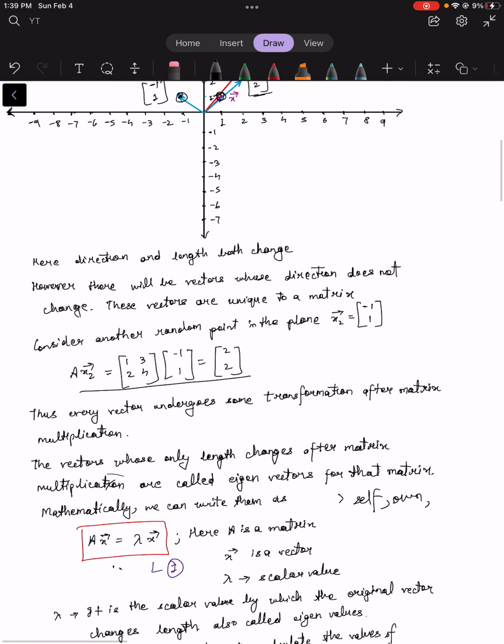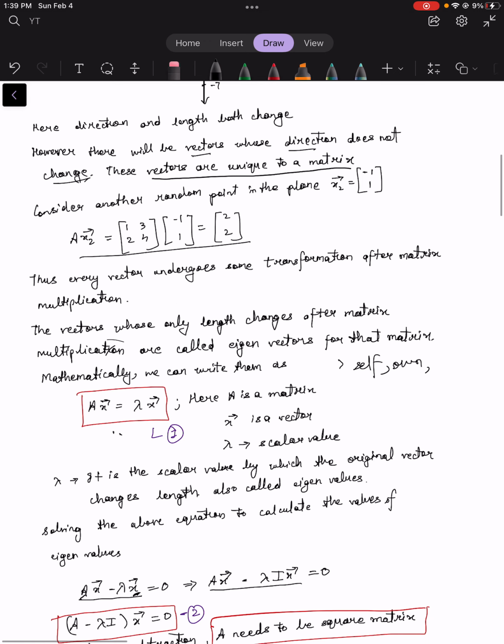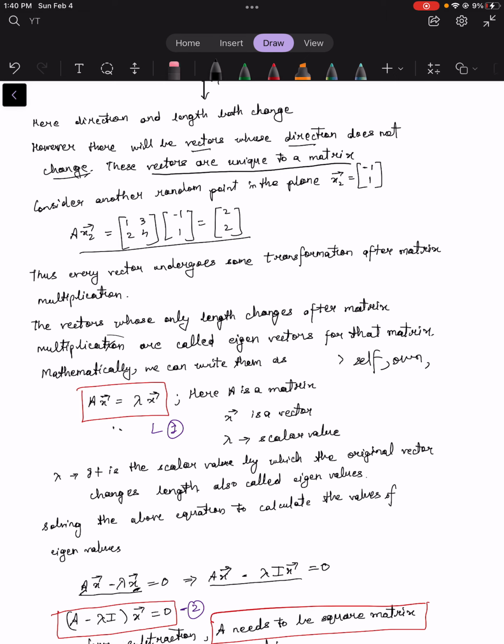However, there will always be vectors whose direction does not change after matrix multiplication. These vectors are unique to that matrix. Thus, the vectors whose length changes after matrix multiplication are called eigenvectors for that matrix. The term eigen means self or own.